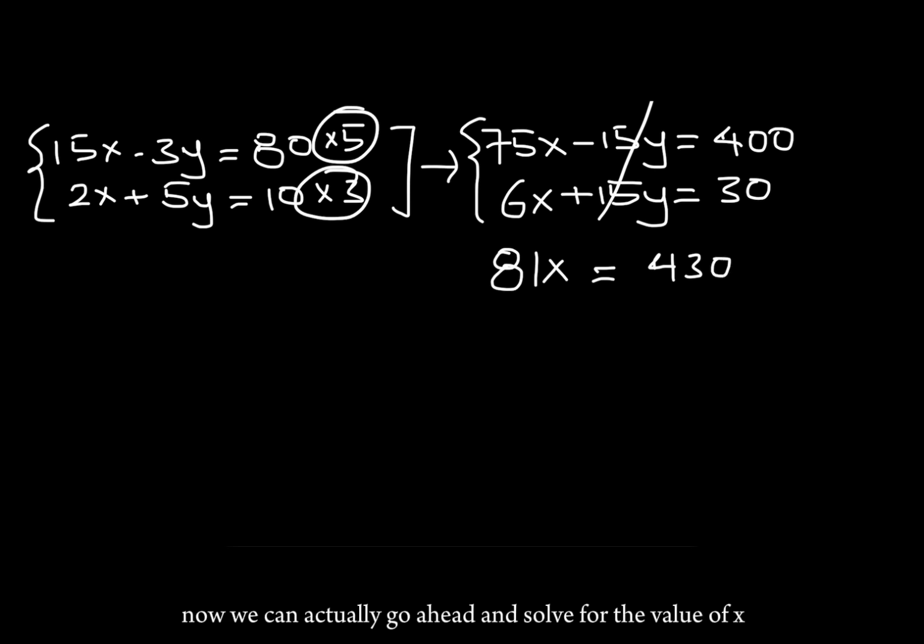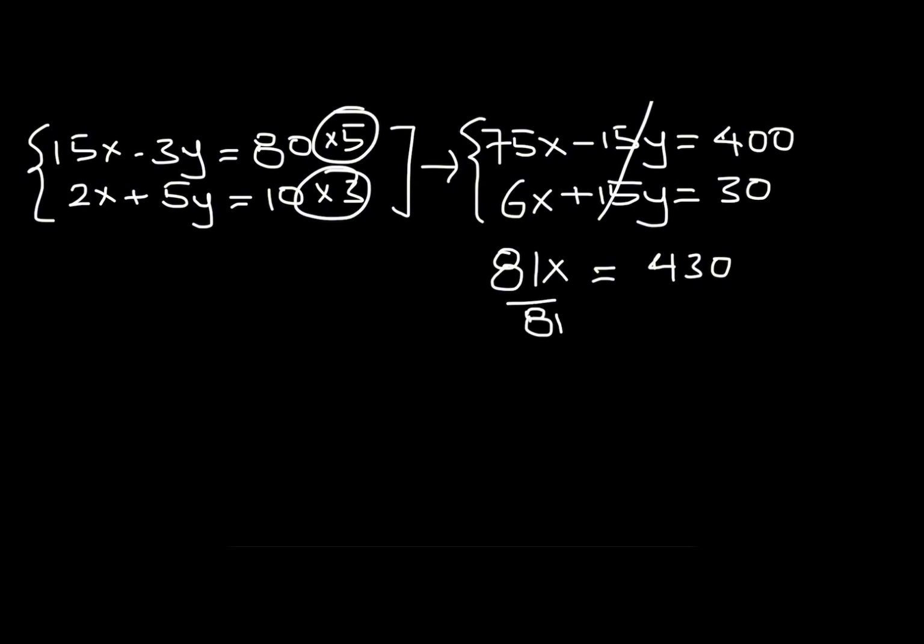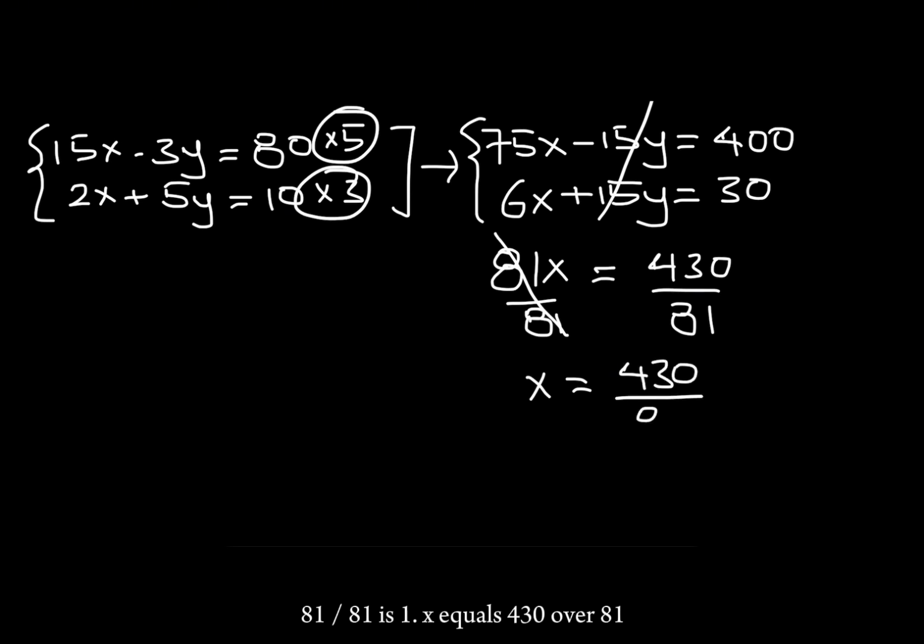Now we can actually go ahead and solve for the value of x. Dividing both sides of the equation by 81, 81 divided by 81 is 1. x equals 430 over 81.